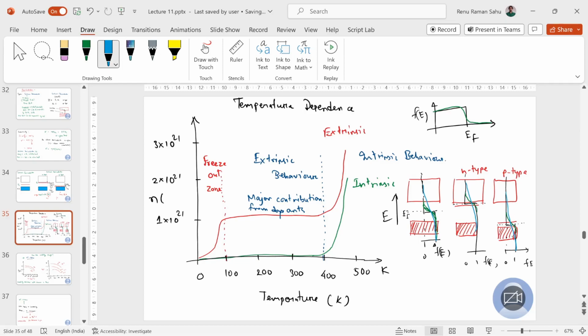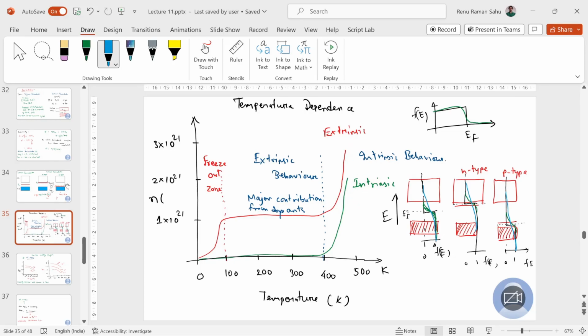It will smear very nicely when you have a very high temperature, and then the extrinsic behavior will be the same as the intrinsic behavior.